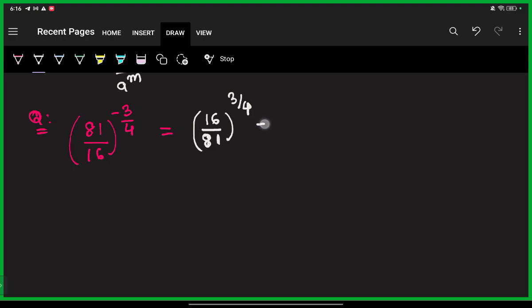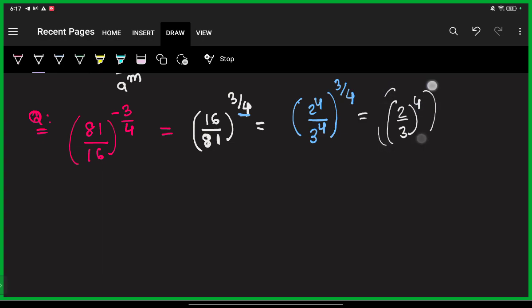Okay, now always try to solve first the fractional power, okay? We can deal with the integer power later. Yes or no? So we can write this 16 as what? 2 raised to 4. 81 as 3 raised to 4 raised to 3 by 4, right? So we can write 2 by 3 raised to 4 by 3 raised to 4 into 3 by 4.